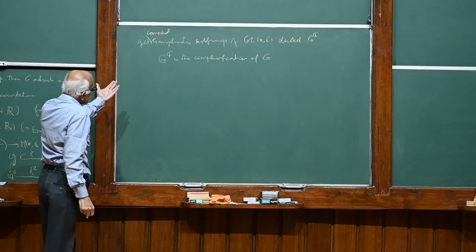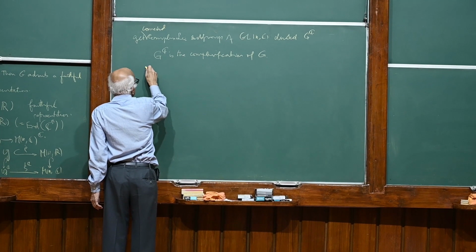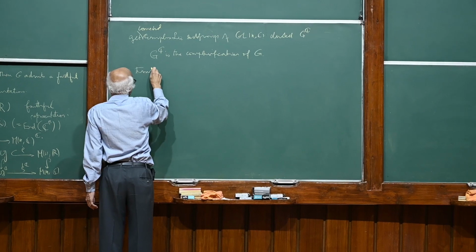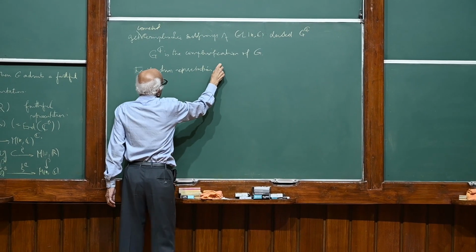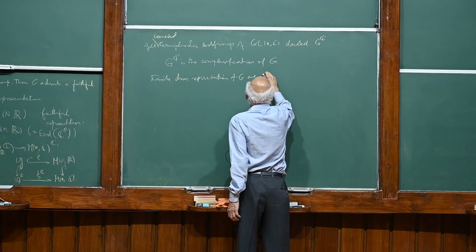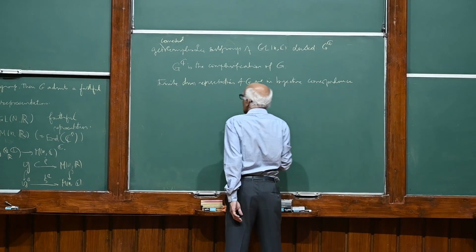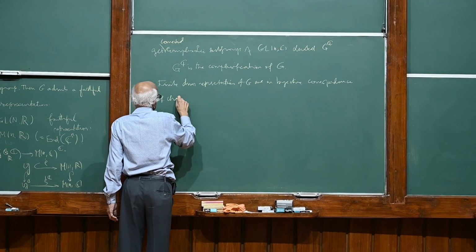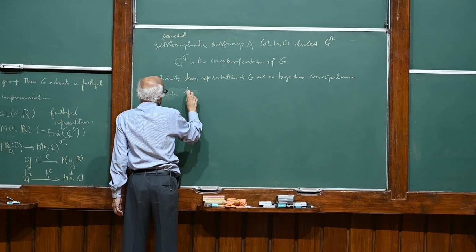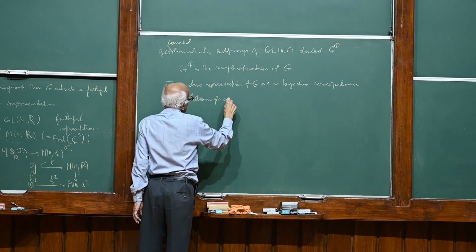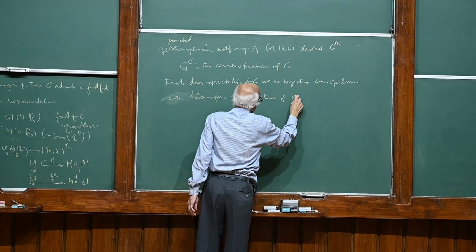And it's then easy to see that finite dimensional representations of G are in bijective correspondence with holomorphic representations of G_C.